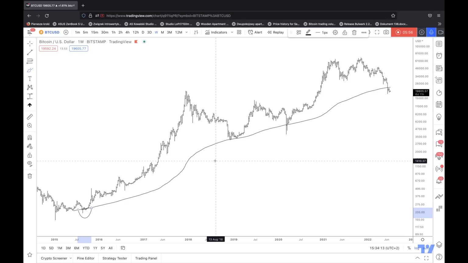In fact, it tells you that more often than not, after spending quite some time at the average, be it here or a couple of months of the 2018 reversal following the capitulation of the miners, or the COVID crash, Bitcoin tends to not stay for too long at the 200-week average.